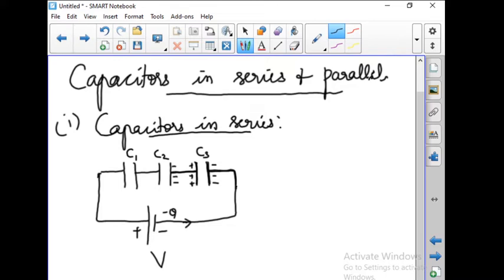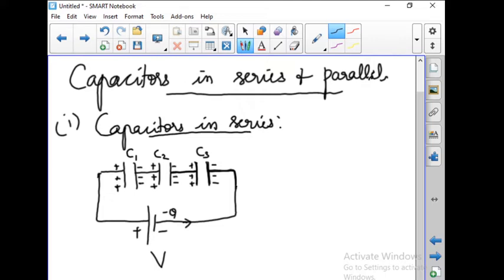Similarly, from the left plate of C2 the electrons were pushed away, so the electrons reach the right plate of C1, and here, due to electrostatic induction, it obtains the positive charge. This will happen immediately if you connect any number of capacitors in series.